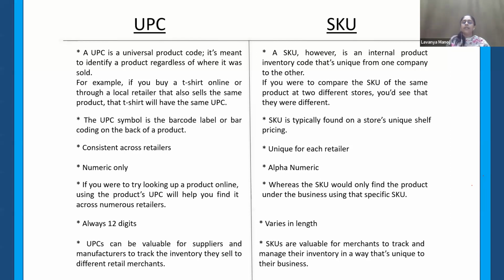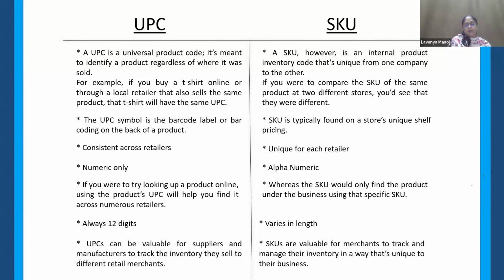Whereas SKU is an internal product inventory code, so it doesn't give more information to the customer. If I am checking into a textile retail showroom and I see a stock keeping unit, I don't get anything from it.